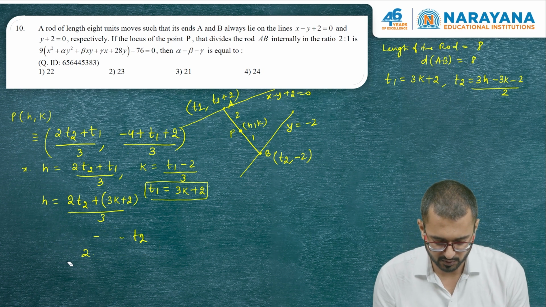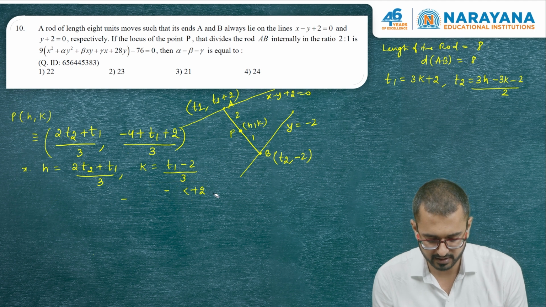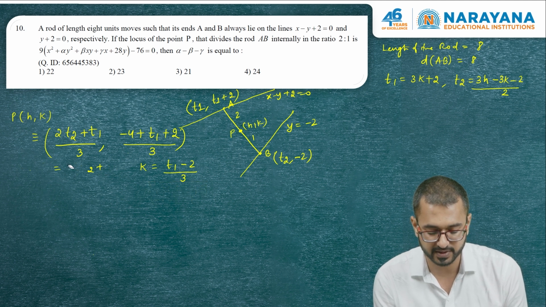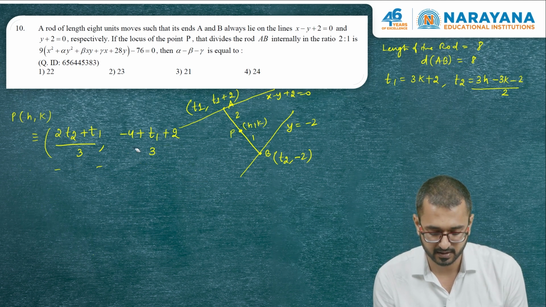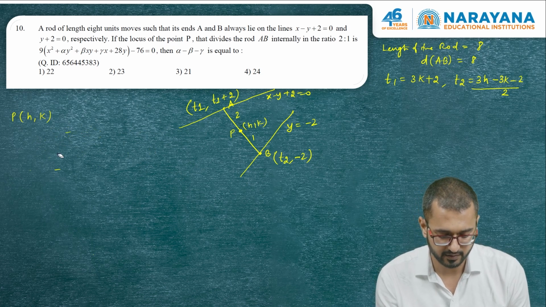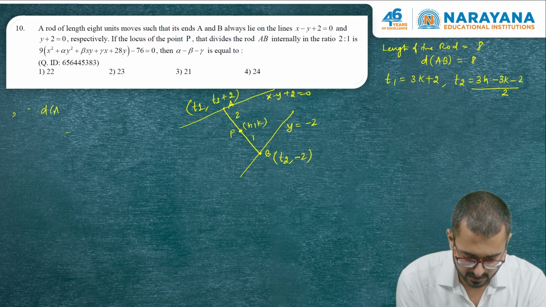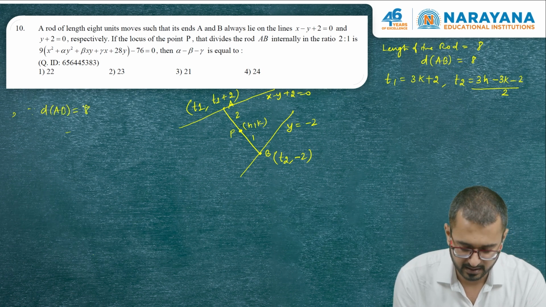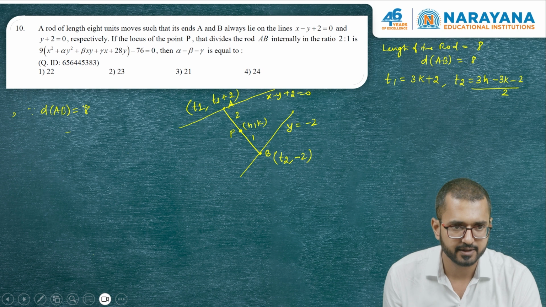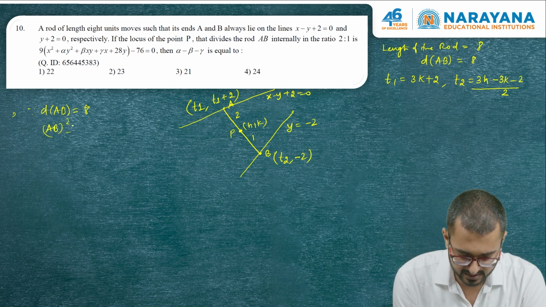Now we have to use the distance formula because we have to get rid of t1 and t2, and it should be in terms of h and k because we are seeking locus. Since DAB is given to be 8, AB square will give me 64.